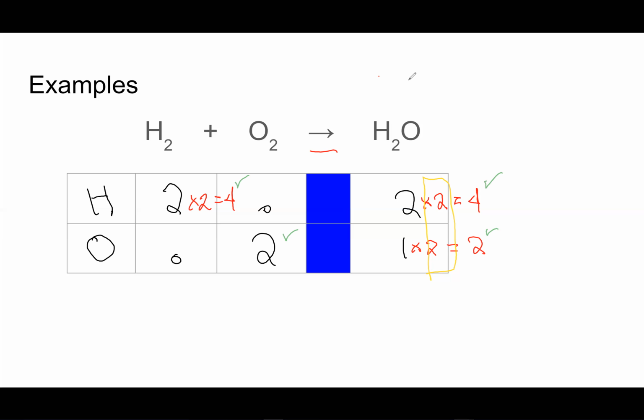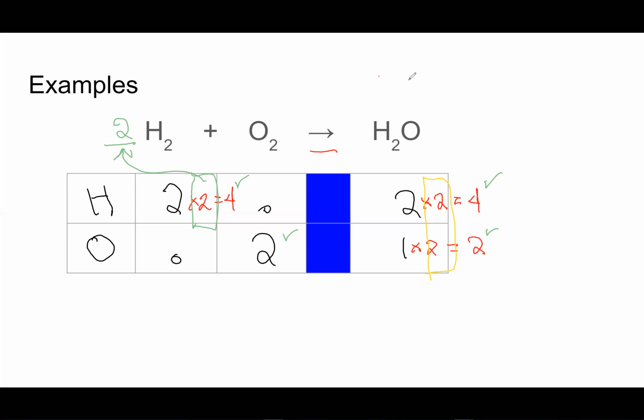My last step is to take whatever I multiplied that term by and put it up in front of that chemical. So I multiply the hydrogens by 2, so I'm going to do 2 there. The oxygen column, no multiplication at all, so I can leave it blank. Technically, that means there's a 1 here, but I don't write the 1.